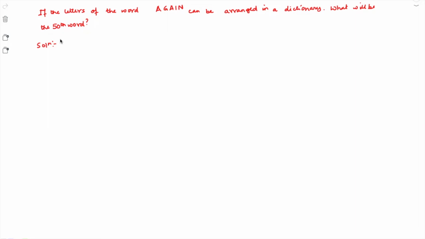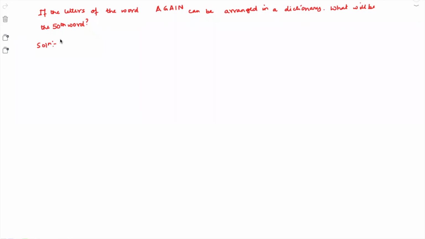First, when we are talking about the letters being arranged in a dictionary, it will follow the pattern we see in an English dictionary. Number 2, the 50th word that the sum is talking about might have a meaning, might not have a meaning.